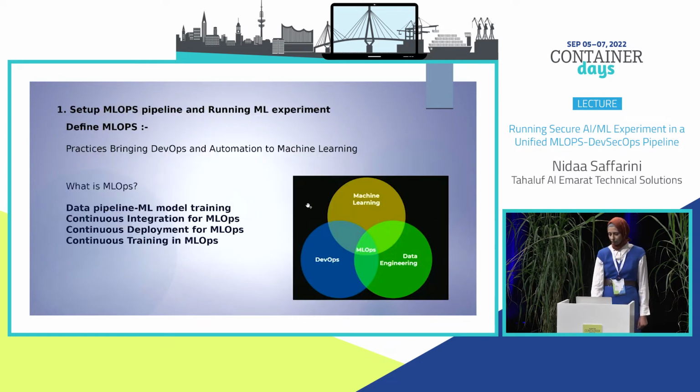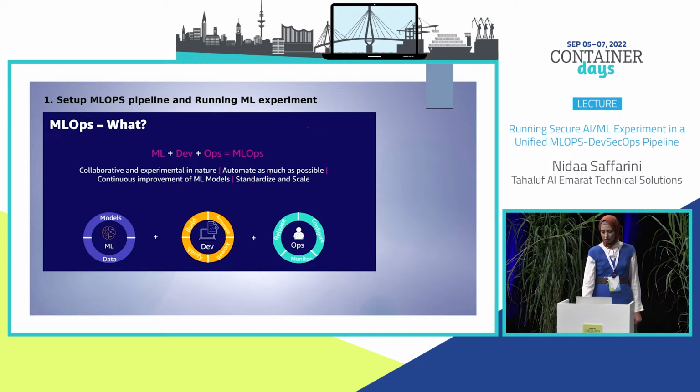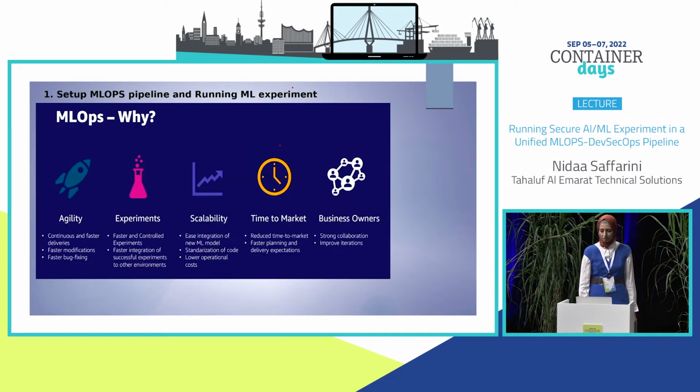This is how those three fields integrated with each other to work as MLOps, and we need to achieve three principles: continuous integration while building MLOps, continuous deployment, and prior to those two steps, continuous training. From DevOps to MLOps, we achieve those benefits from having MLOps principles.